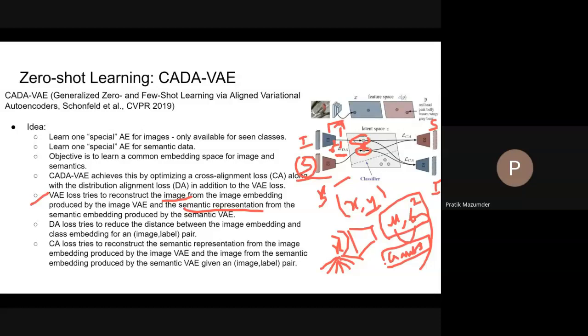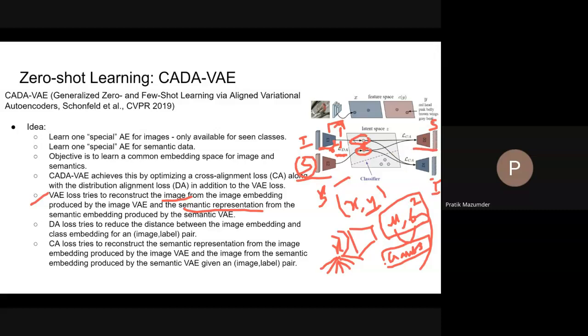And finally, you have your cross alignment loss, whose job is to map the wrong decoder to another encoder. So if you have an encoder and decoder for images, you map the encoder for your image to the decoder for semantic vectors. So given any input, say x comma y, you get an embedding through your image encoder, but you send that encoded embedding to your semantic decoder.